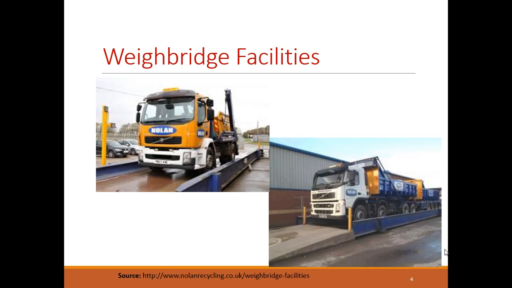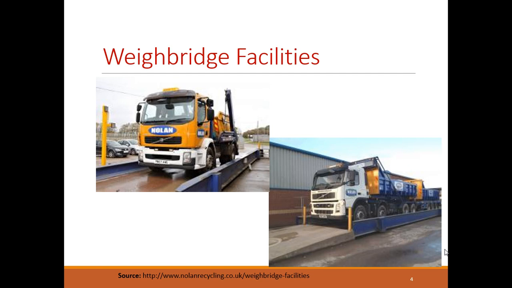So weighing bridge facilities, this is an example of what it may look like. You see there you have the truck. That would be an example of a disposal truck, and that structure, that ramp that you see it on top of, would actually have a scale associated with it.